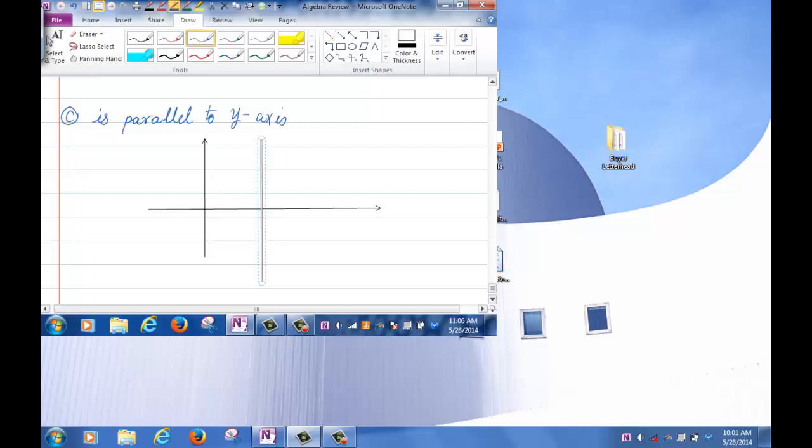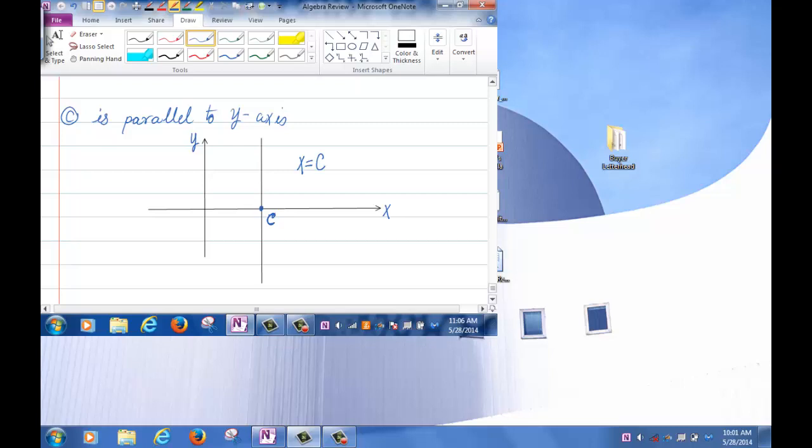It's a vertical line. So let's say the x-intercept of this vertical line is C. So C is this point here. What's the equation of this vertical line? The equation of this vertical line is given by x equals C. Am I making sense? X is always equal to C.